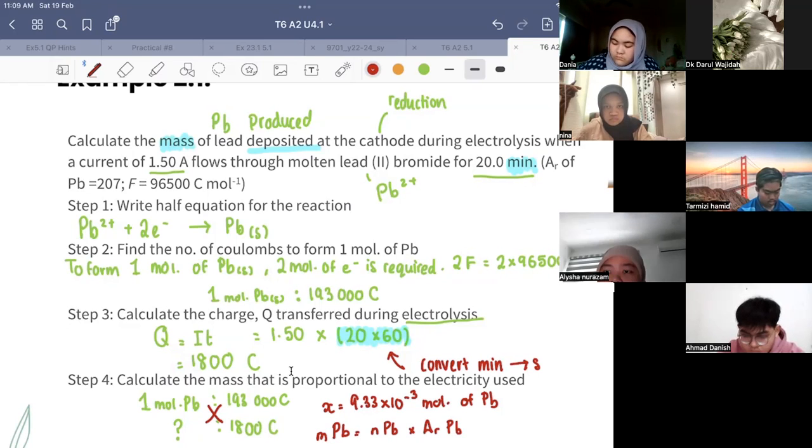So let's try times by 207. What is the mass of lead produced when you only have 1,800 coulombs of charge in your electrolysis setup?